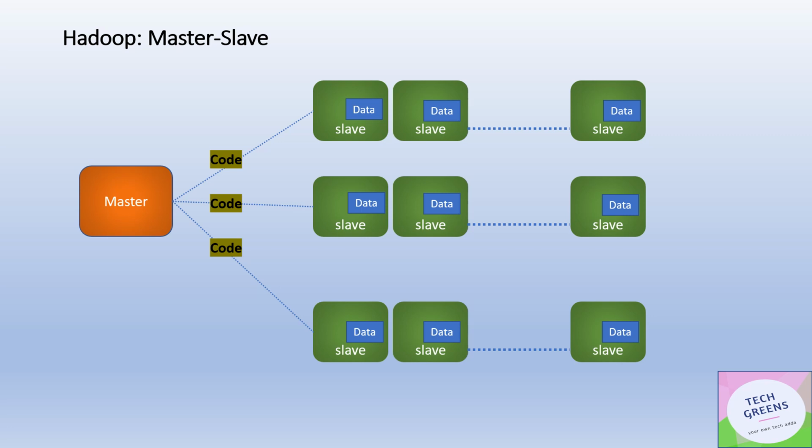Guys, this is how, at a high level, the architecture of Hadoop looks like. As we discussed in the previous slide as well, it's based on the master-slave architecture. So there would be one master node. Any one of the nodes in the cluster would become master, and the rest of the nodes would be slaves. This works on the concept that we don't make data travel to the code. On the other side, here the code travels to the data.